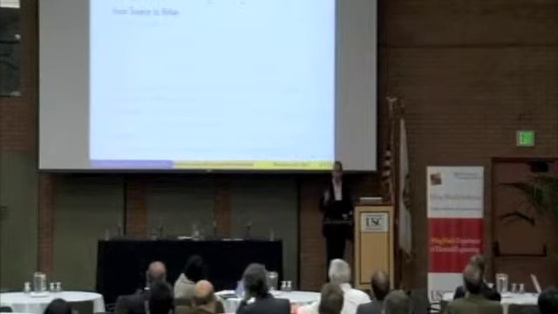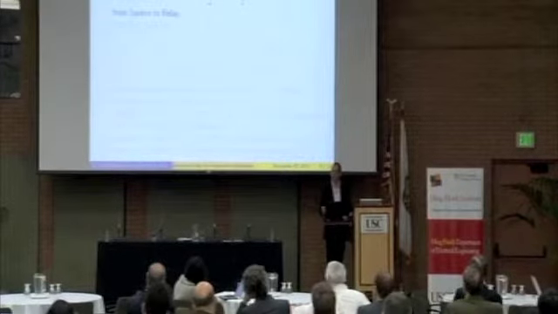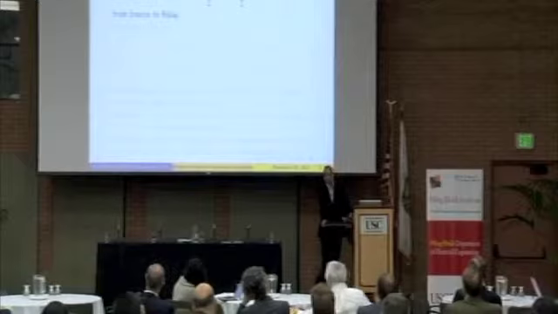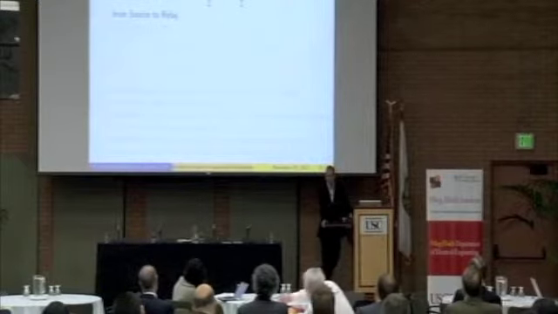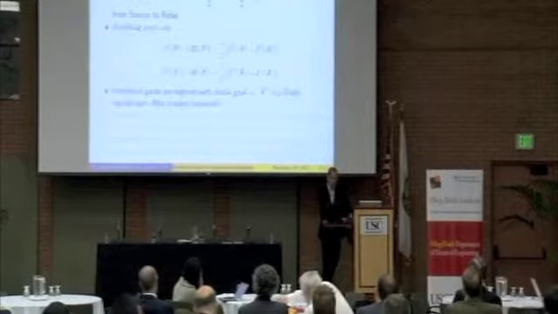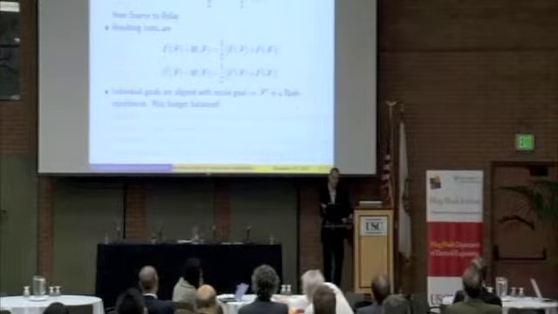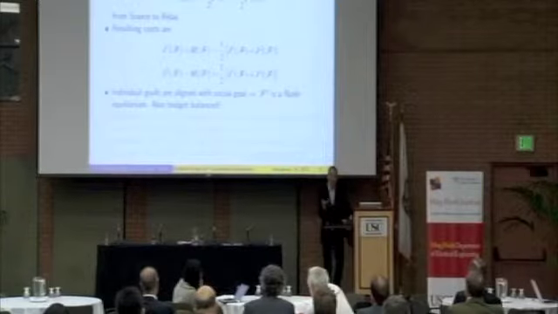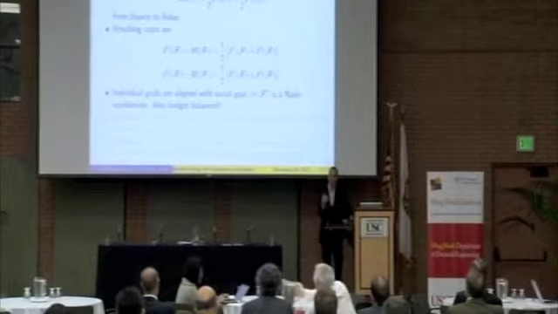The source pays the relay a certain amount of credit, equal to some linear combination of the two costs of the two users, J2 and J1. So what happens then? The resulting costs of the two users are different now. User 1 increases its cost by plus m. User 2 decreases its cost by minus m.